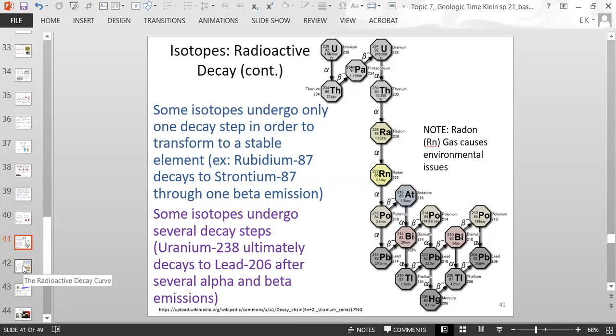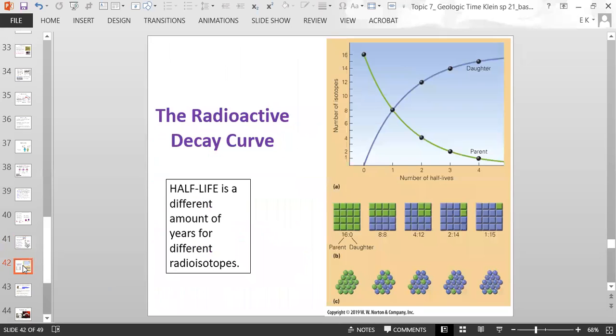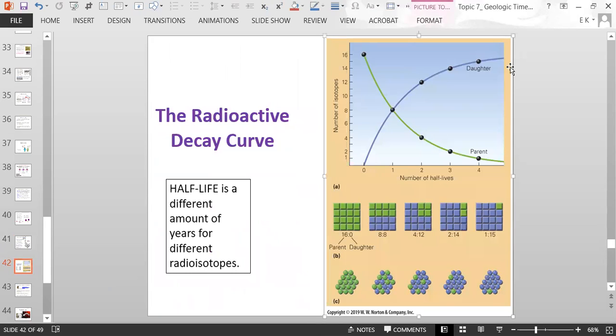The radon would come from the decay of isotopes in rocks in the bedrock underneath the house. For example, that's one way that you would get radon.